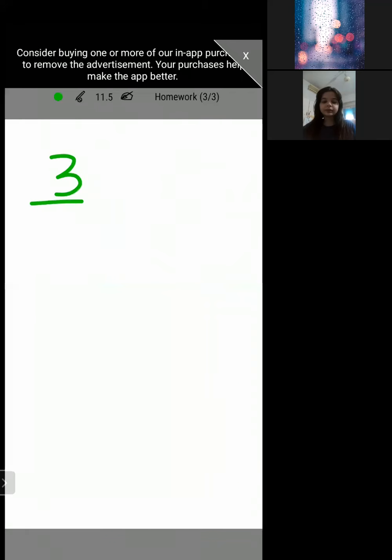Let's consider another example here. We have 3/4. Now what equivalent fraction can you make from 3/4? You have to multiply 3 and 4 by the same number.